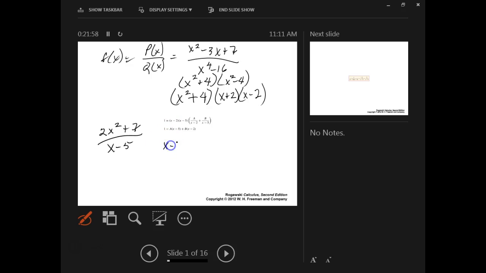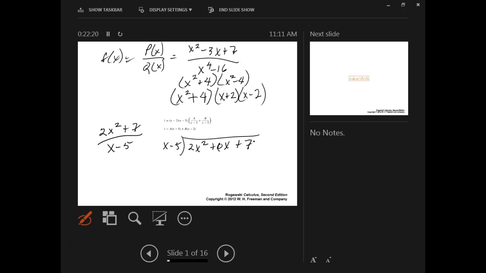Put x minus 5 on the outside. On the inside, you put 2x squared plus 0x plus 7. You have to account for every term.